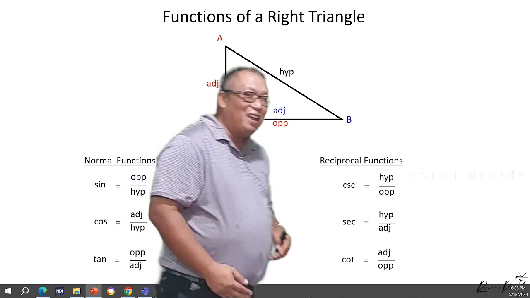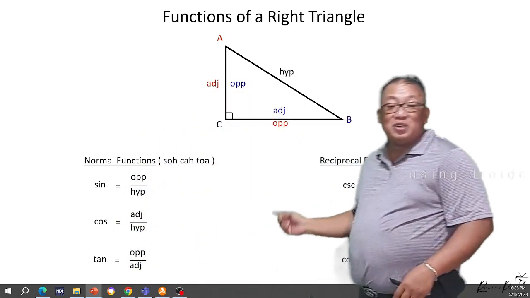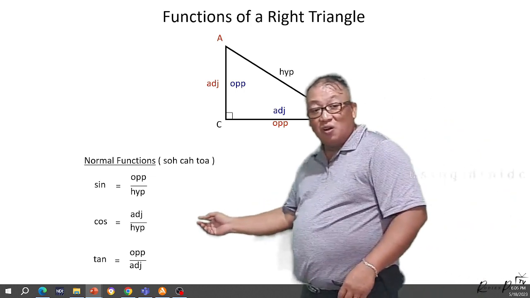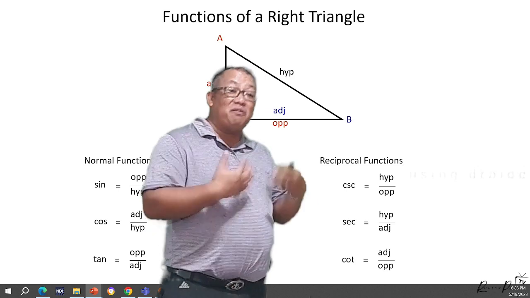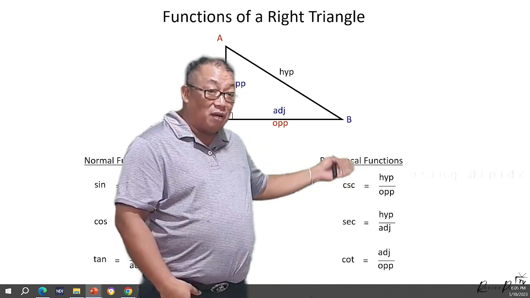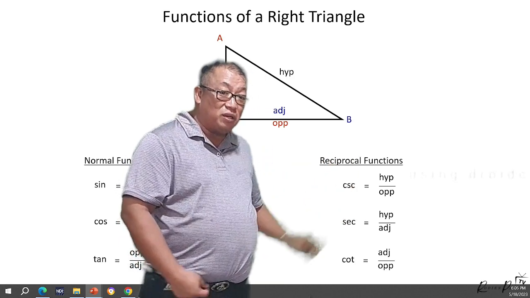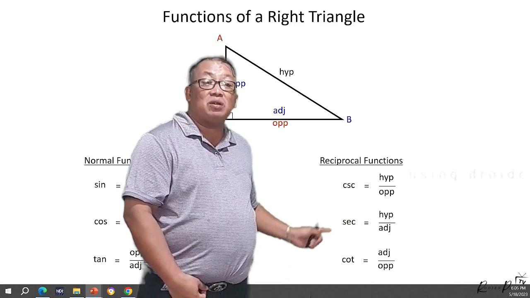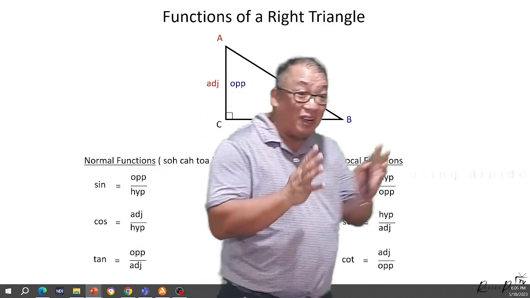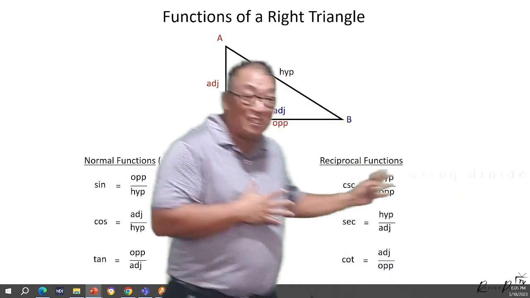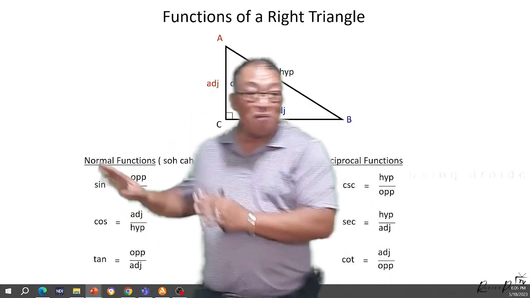Also cosine, which is adjacent over hypotenuse. If you reverse this one, the hypotenuse will be on the upper side and the adjacent on the lower side. The name is secant of an angle. Actually, it's just the same. That's why I tell you, I don't memorize this one. I just memorize this one.